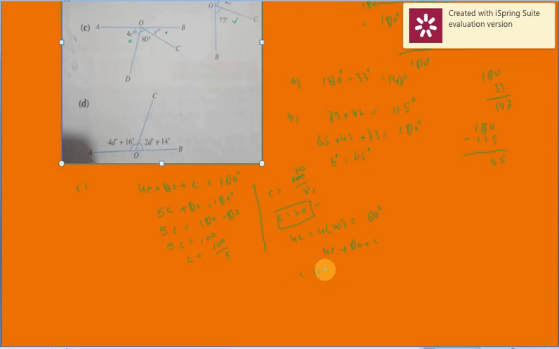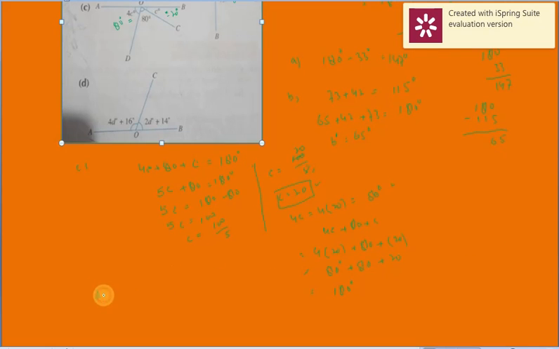So 4C is 80, plus 80, plus C is 20, so 80 plus 80 plus 20 is 180 degrees. So we have found 4C is equal to 80 degrees, and C alone is 20 degrees.